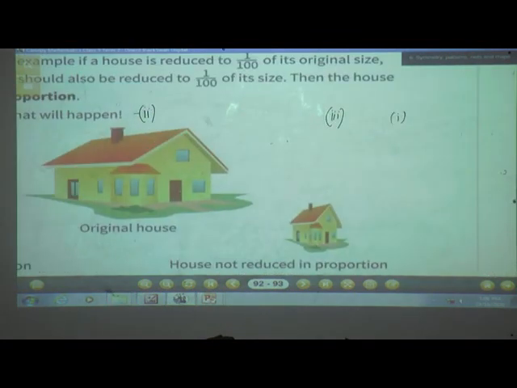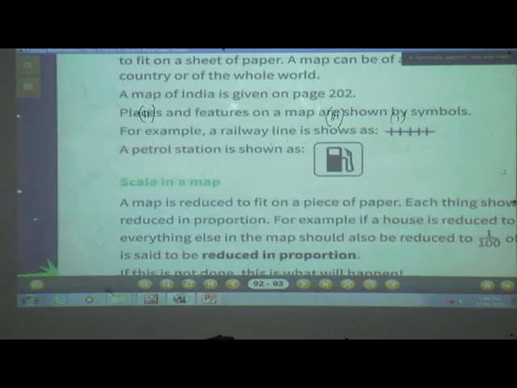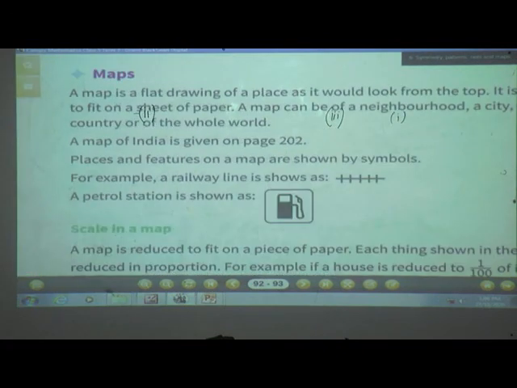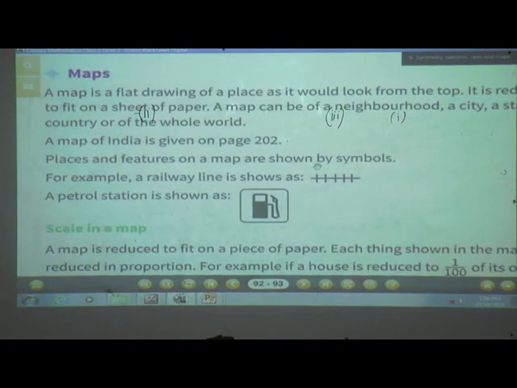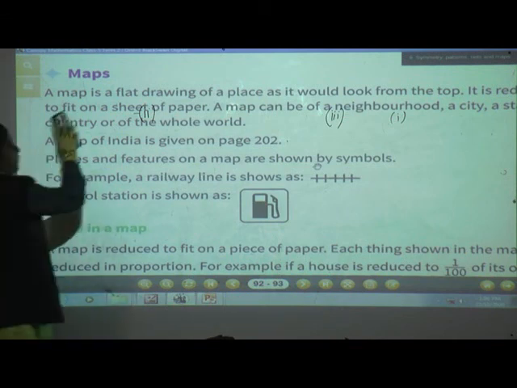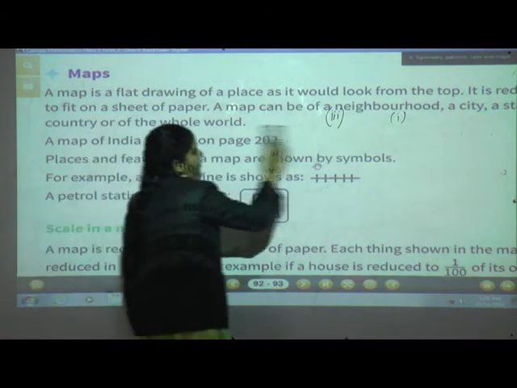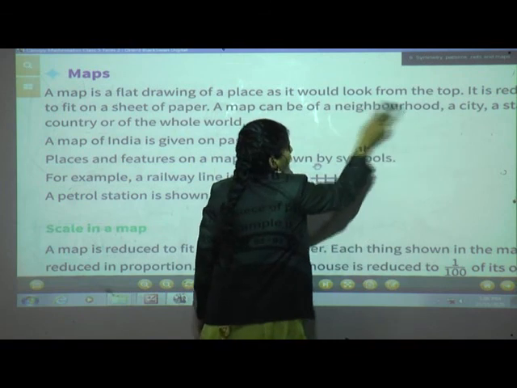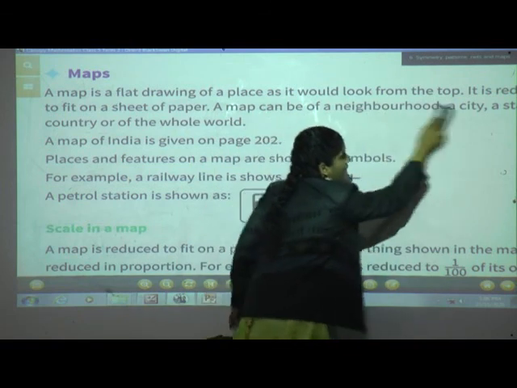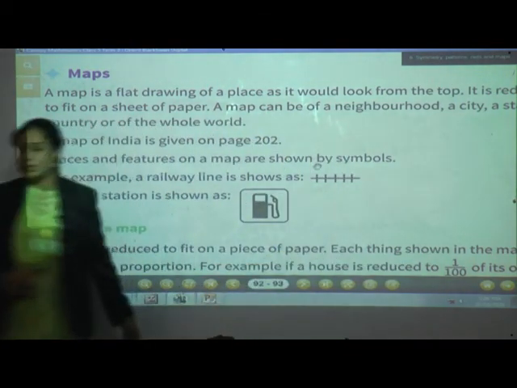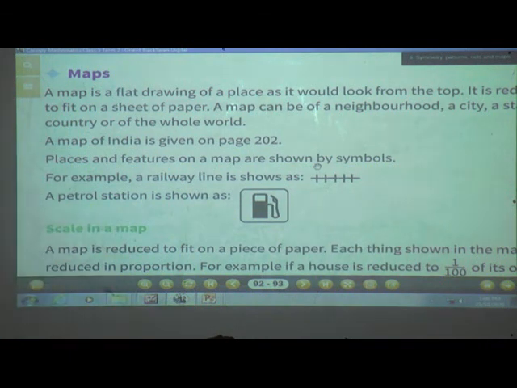See here, maps. Students, what is meant by a map? Maybe you have learned the meaning of map in geography also, so I will explain again. A map is a flat drawing of a place as it would look from the top.